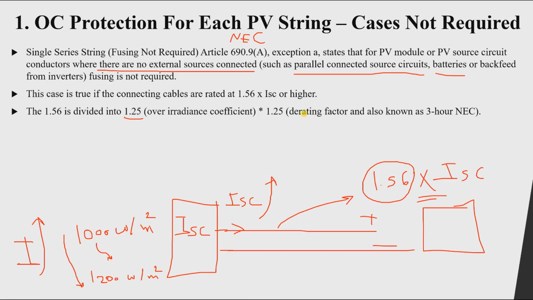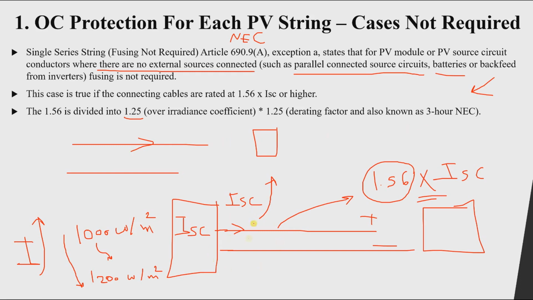Number two, the second factor, 1.25. It's called the derating factor, also known as the 3-hour NEC rule. So what does this even mean? The NEC, or National Electrical Code, states that if you have a cable, a breaker, a fuse, or any electrical element in which current will go through it more than 3 hours continuously, then you have to derate it.